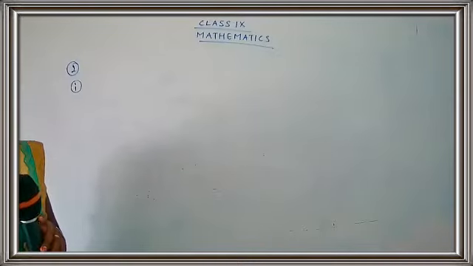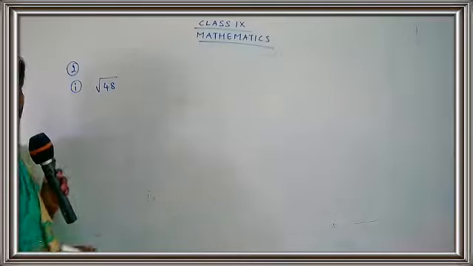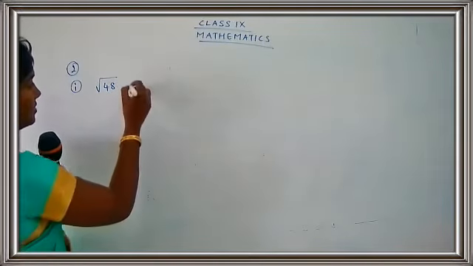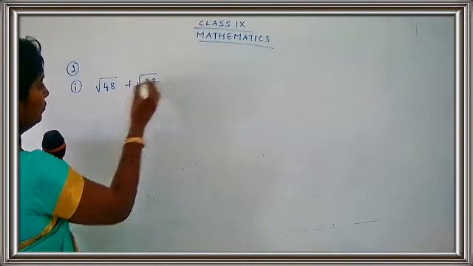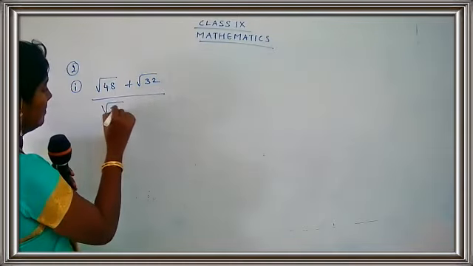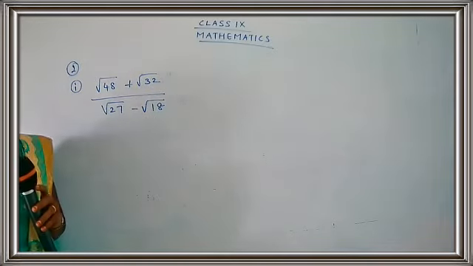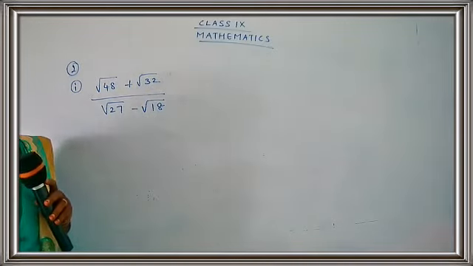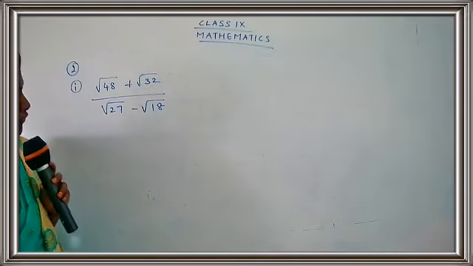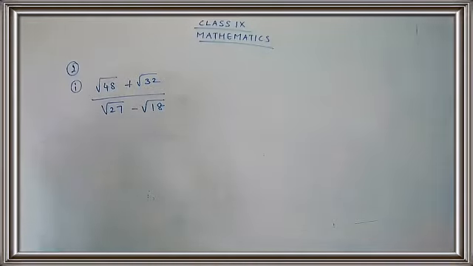So write out the question. It's square root of 48 plus square root of 32 upon square root of 27 minus square root of 18. So this is the question. You have to simplify this. Square root of 48 plus square root of 32 upon square root of 27 minus square root of 18.